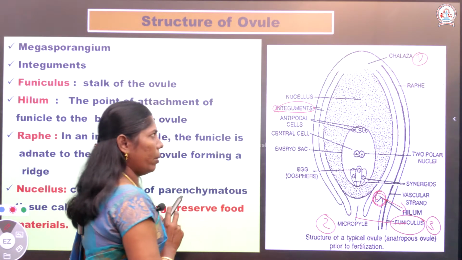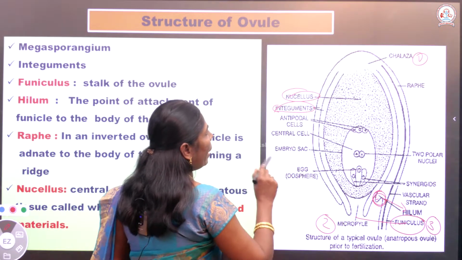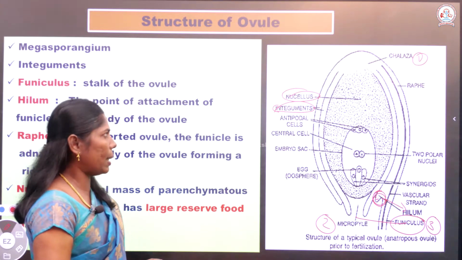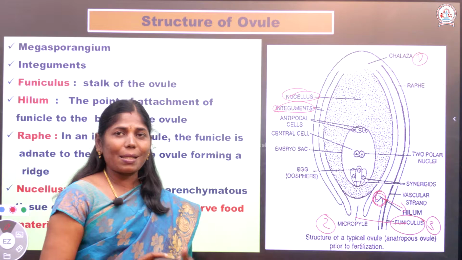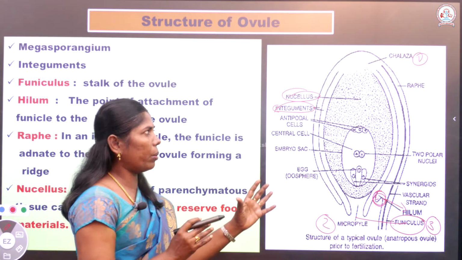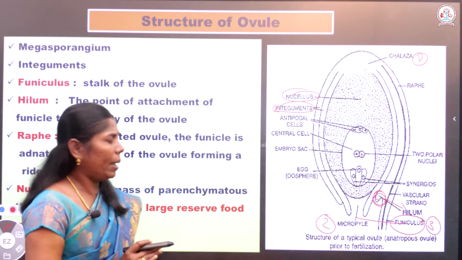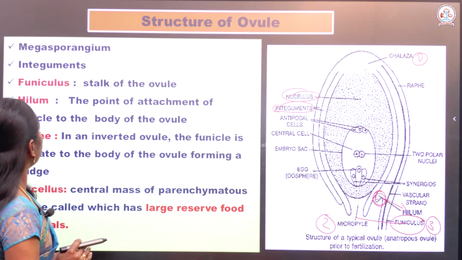Next we see the nucellus. Inside the embryo sac we must label the antipodal cells, central cell, egg apparatus and so on. But the essential parts you must label immediately. The parts are very important. Next we are going to see the explanation of each and every part one by one.